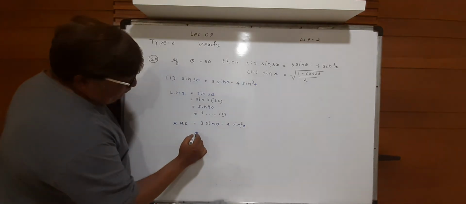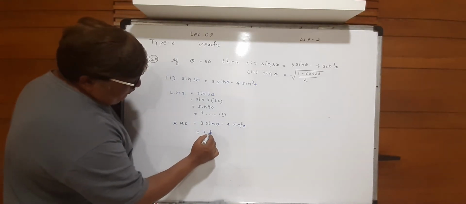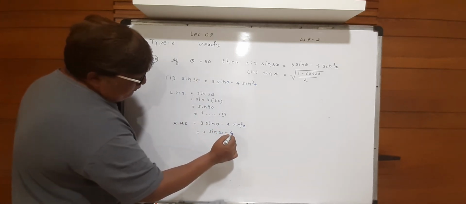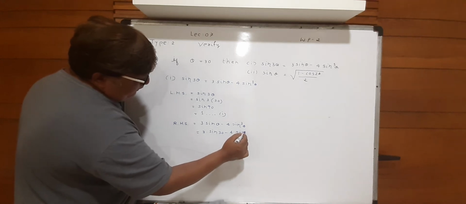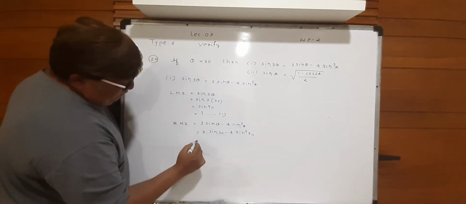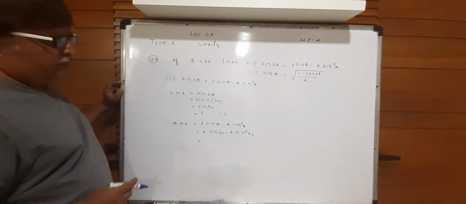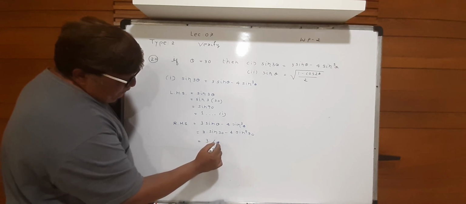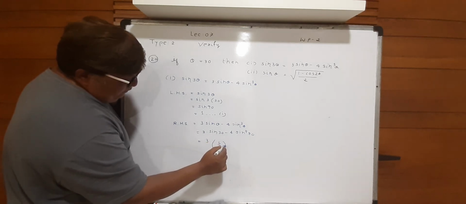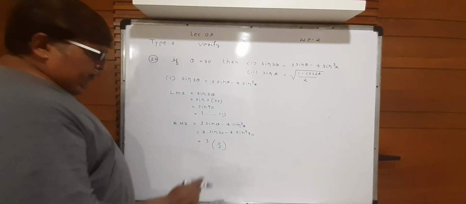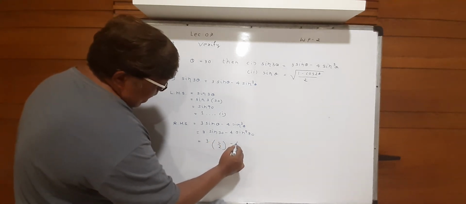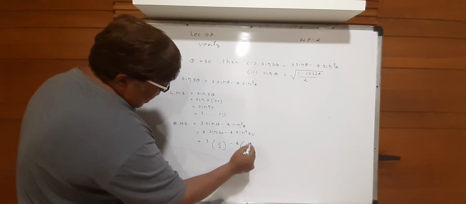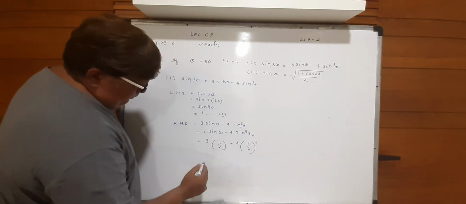So 3 into sine theta, what is the value of theta? 30, minus 4 sine cube 30. Substitute the values. 3 into sine 30, that is 1 upon 2, minus 4 into sine cube 30, 1 upon 2 whole cube.